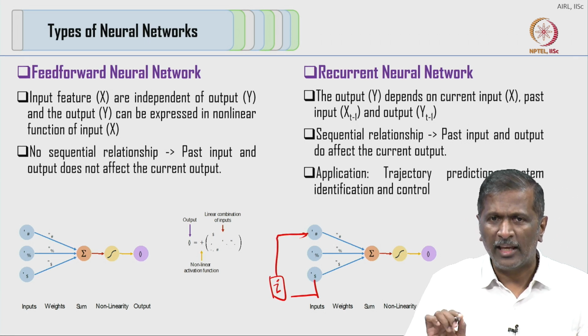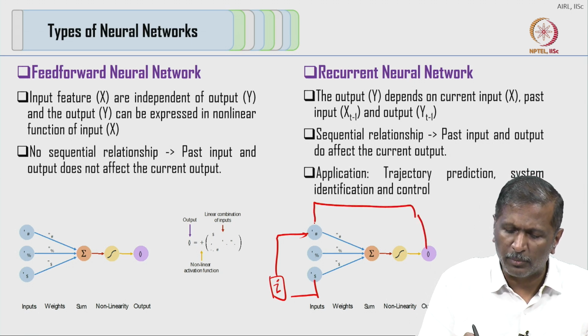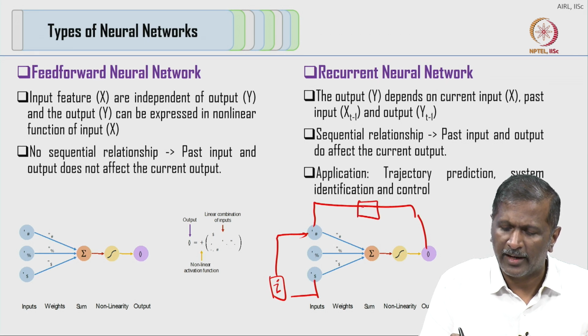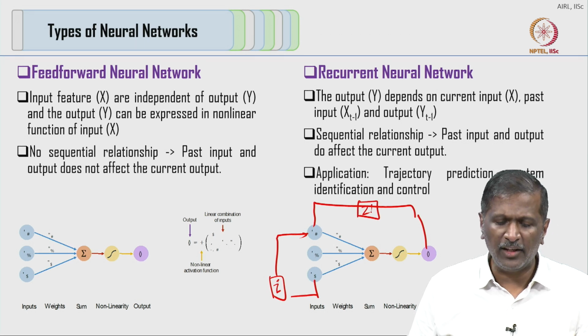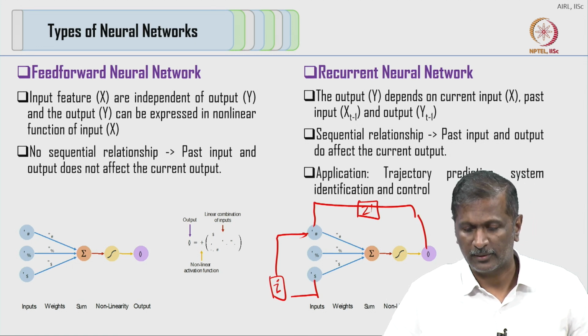Or I can also bring the output layer back to the input layer with a delay. When you have any of these feedback connections, it is called a recurrent neural network.